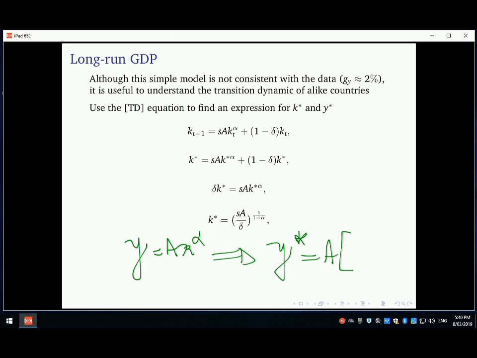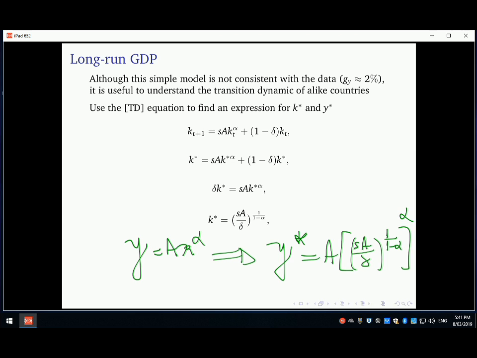And it's just the formula above, s A over delta, to the power of 1 minus alpha, all that to the power of alpha. Okay? Which is just alpha divided by 1 minus alpha in the exponent.